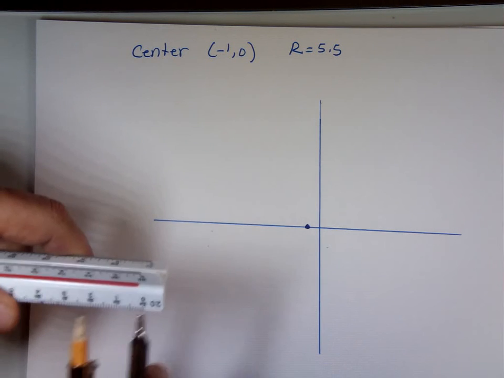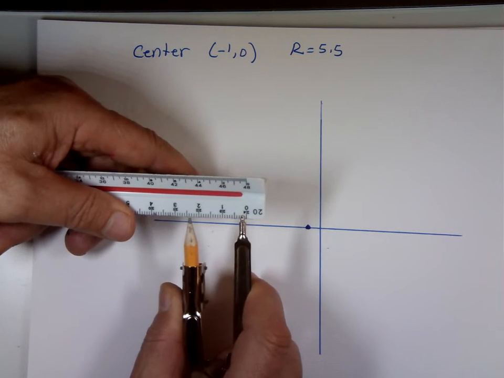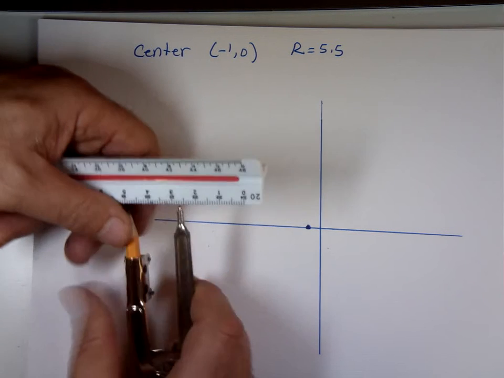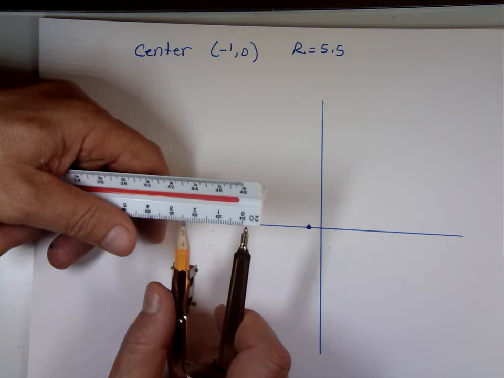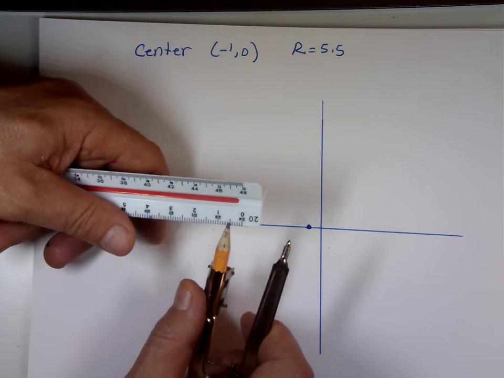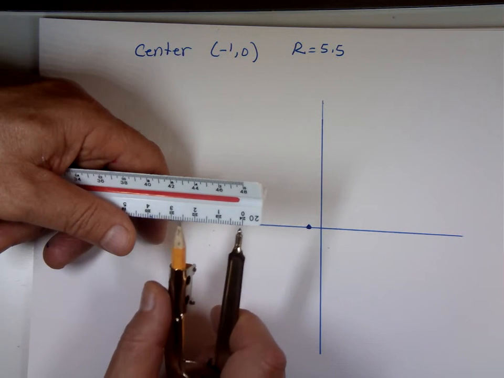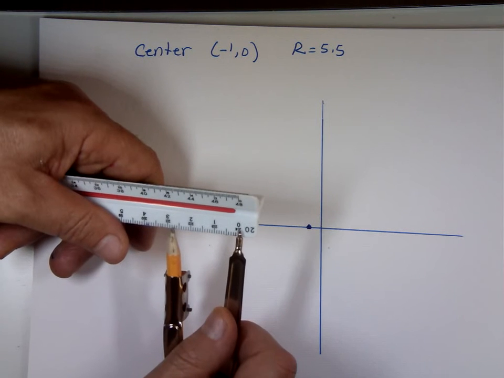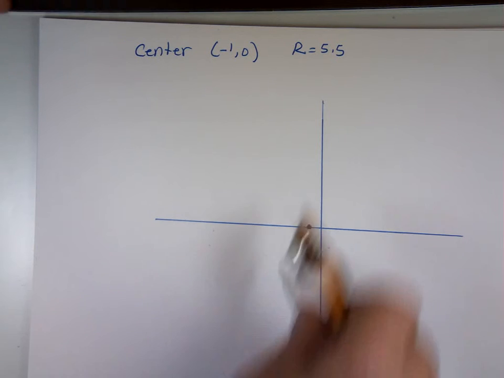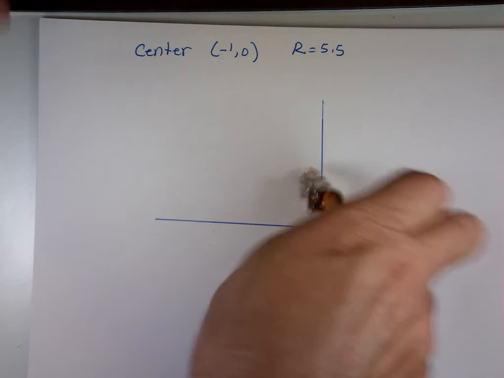So I need to go 2.5 because I'm using a scale of a half. 5.5, is that 2.5? No, 5.5. So that's 1, 2, 3, 4, 5, 5.5 right there should be, because of my scale. And my circle will look like this.